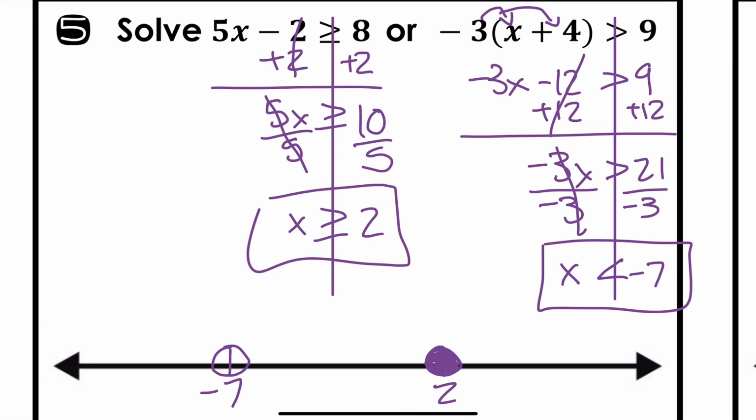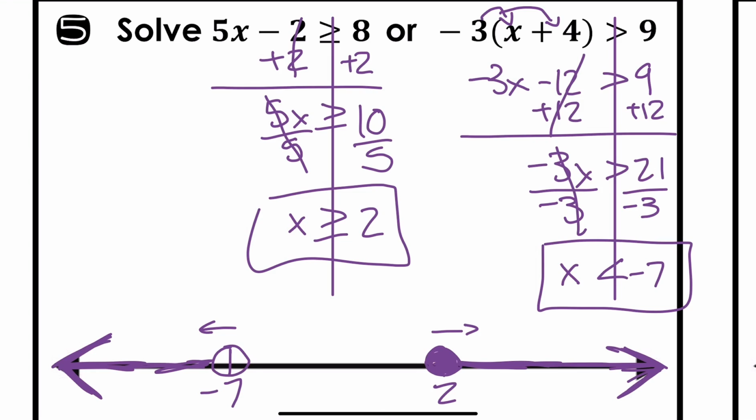All right, so x is greater than or equal to 2. So if it's greater than, that's going to go in this direction. And then x is less than negative 7. So if it's less than, it's going to go in this direction. All right, so that's telling me I'm going to fill in these opposite sides here. Just like that. Okay, now I have my graph.